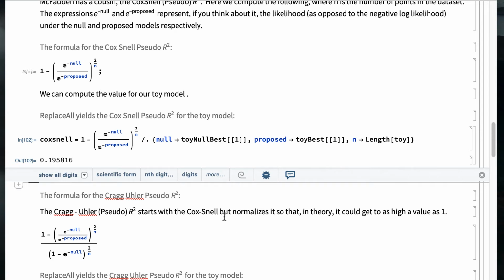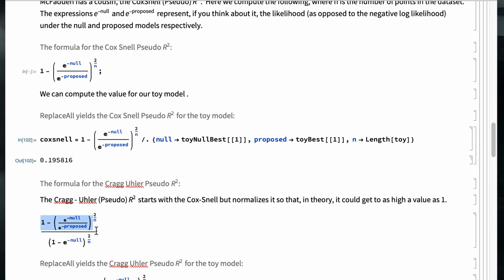And if you enjoyed the Cox-Snell pseudo r squared, you can't help but love the Cragg-Uhler pseudo r squared, which corrects a deficiency in the Cox-Snell r squared by dividing the result here, see that's the Cox-Snell thing, by this correction factor.